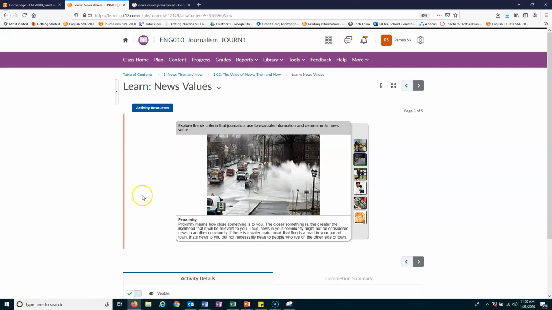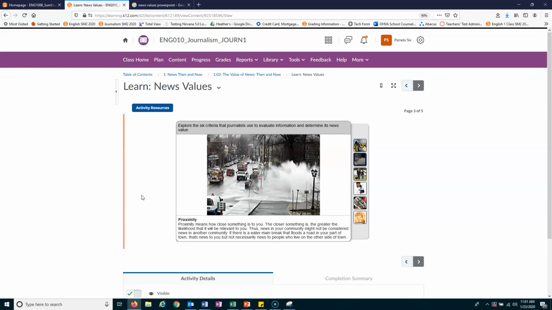The next is proximity. Proximity means how close something is to you. The closer something is, the more likely you are to be interested, or for it to be relevant to you. For example, if you live in the Dayton area, when the tornadoes hit Dayton, that would be really of interest to you, right?